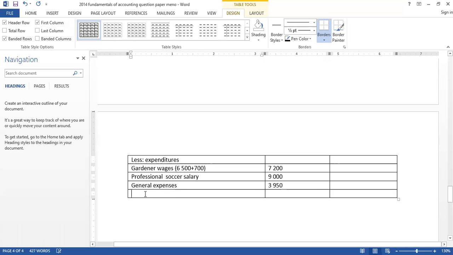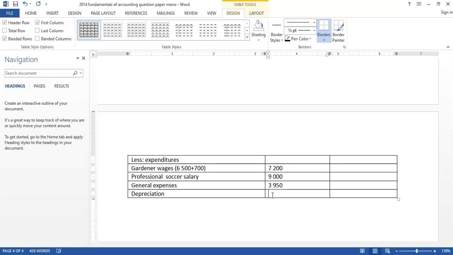The last expense is what? Depreciation. That is always the last expense that we should always have. Don't ever forget about depreciation.